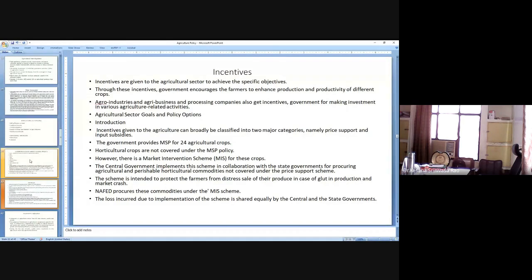Incentives are given to the agriculture sector to achieve specific objectives. Through these incentives, government encourages the farmers to enhance production and productivity of different crops.